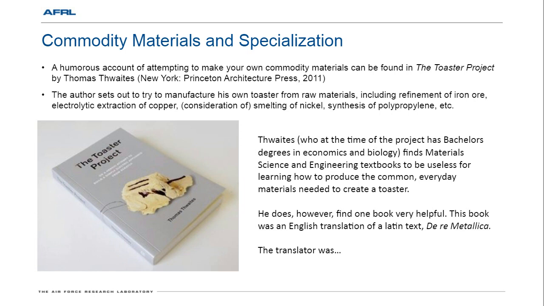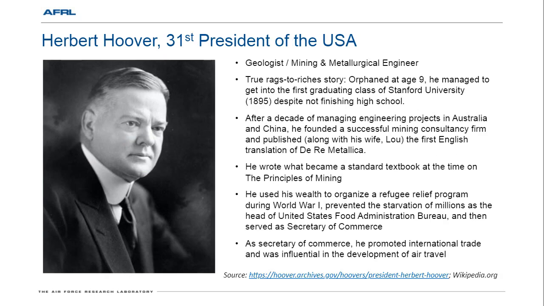But he did find one book really helpful, and that book was an English translation of a Latin text, De Re Metallica. The translator was Herbert Hoover, the 31st President of the United States. Hoover was a geologist, mining and metallurgical engineer. Fascinating guy if you go back and read about him. He was a true rags to riches story.